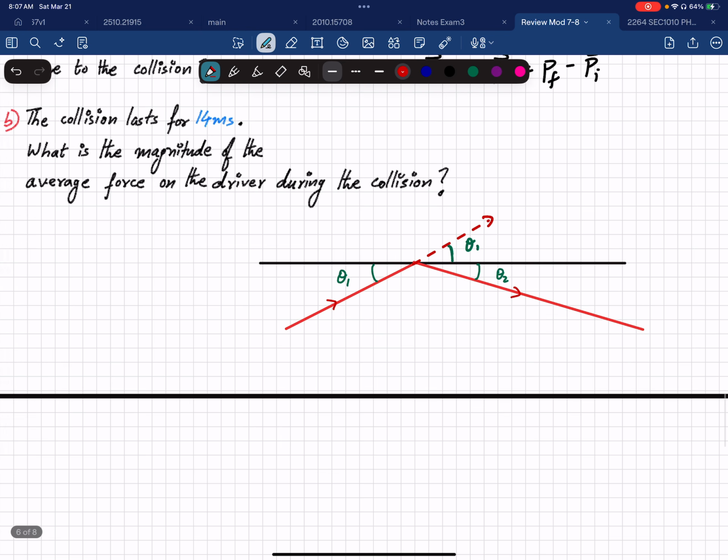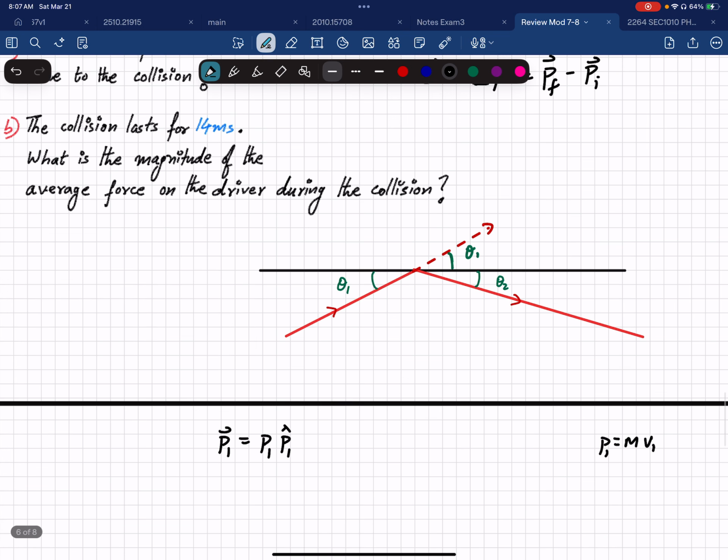In this, we know the initial momentum is given as the magnitude and the direction. The magnitude is the mass times the velocity, which is already given to you, vi. Let's say vi. And the direction is in the first quadrant.